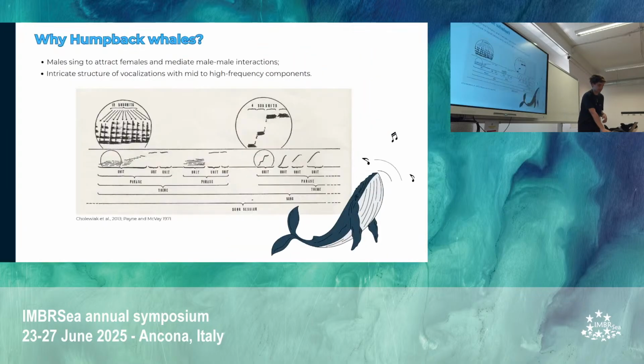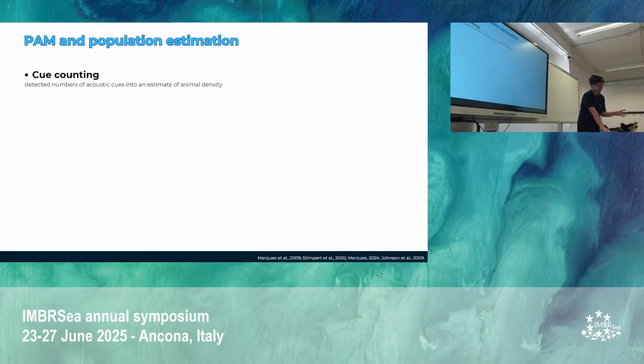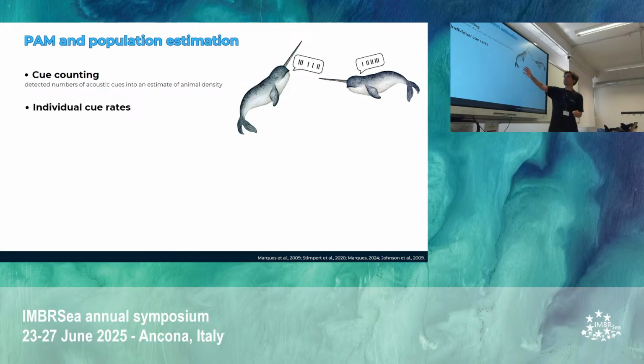Basically, the main thing here was to focus on individual call rates, and to measure them, we have to know that the animal is producing the call. So when I presented the different axes, it's just to show that this type of detection also varies between these axes. I'm trying to relate this to your question, and I'm not sure if I understood correctly.